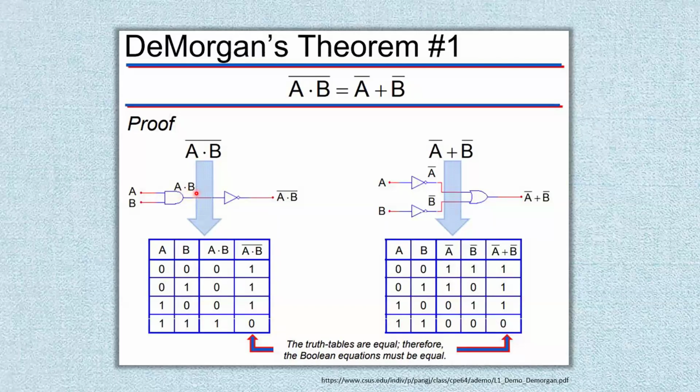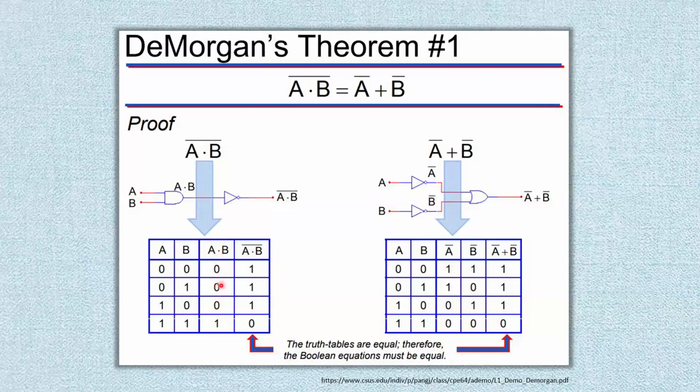Here's A and B, so that's on here. We have the output of the A and B. We invert that and we're going to have inverted A and B. Looking at the truth table, if you perform the AND operation, you're going to have 0, 0, 0, 1.